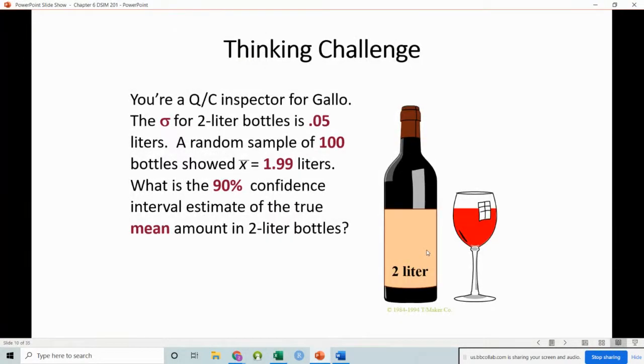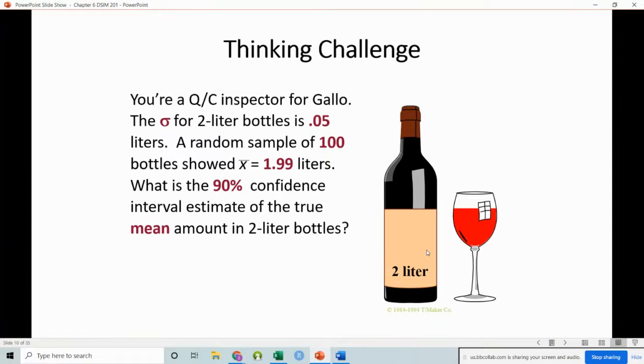So here is an example. You are a QC inspector for Gallo, a cheap wine company. The S, or sample standard deviation, for 2-liter bottles is 0.05 liters. A random sample of 100 bottles showed that X is equal to 1.99 liters.